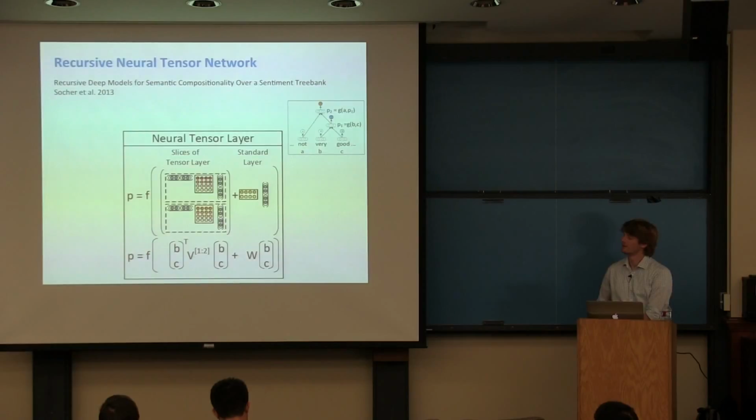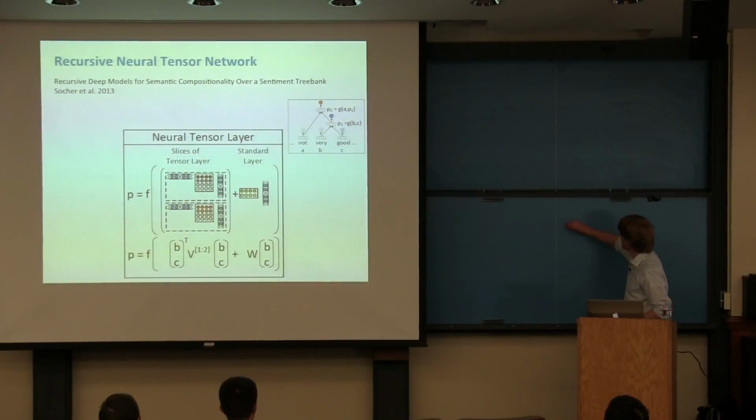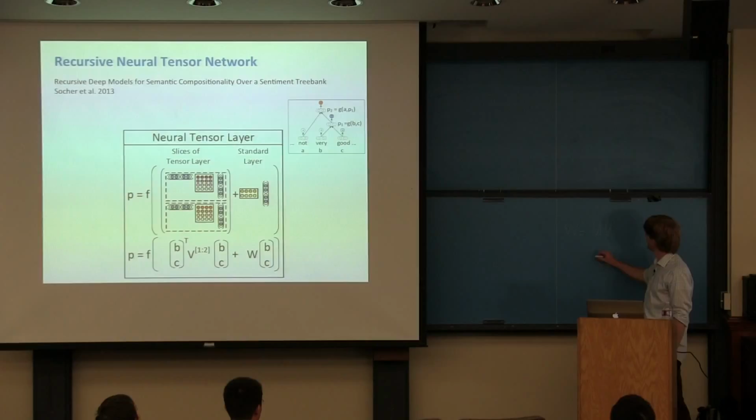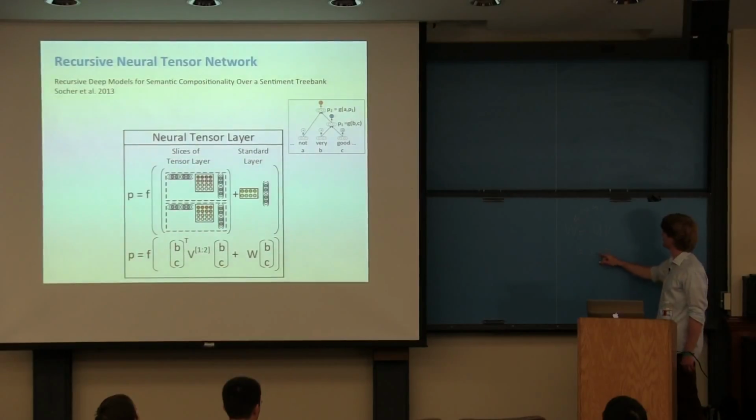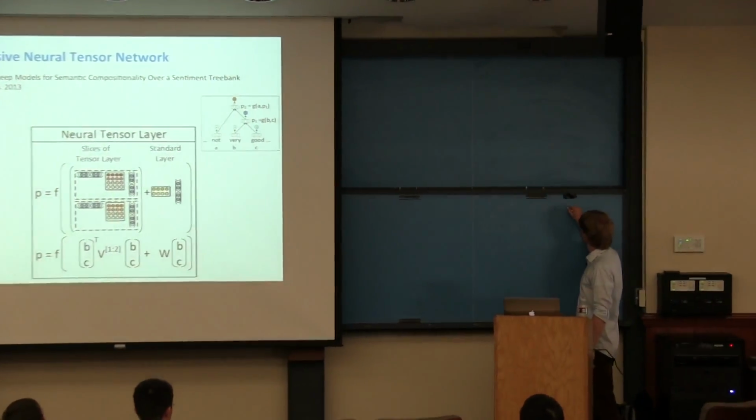Yes? You alluded to this earlier, but is it sensible to use a low rank composition? Yep. That's a great question. It goes a little too far for this class, but in general, whenever you have a matrix W, you can have a decomposition into a low rank. If your W, for instance, is an n by n matrix, and n is, for instance, 100, then maybe your rank can just be 10.